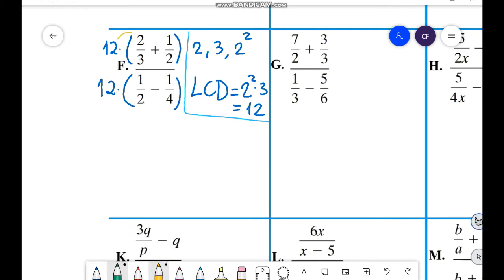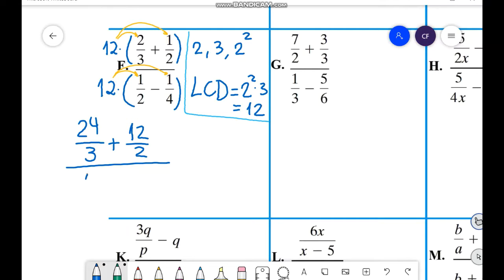12 times 2, we can apply the distributive property. 12 times 2 is 24 over 3 plus 12 over 2, and 12 times 1, 12 over 2 minus 12 over 4. Check if you can simplify, and definitely you're going to be able to simplify lots of things.